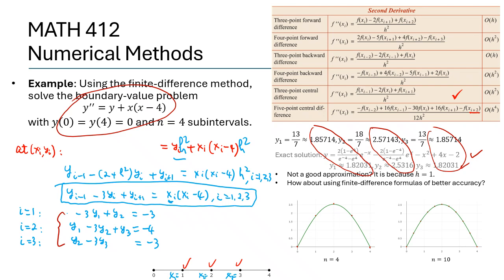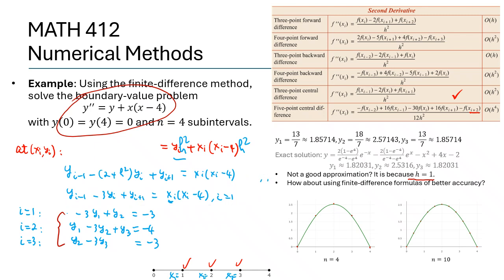You may say, there is a solution, which is better than nothing, but it's not so good. The reason is that h is large, h is 1. As I said, our purpose is to show you how to discretize the problem.